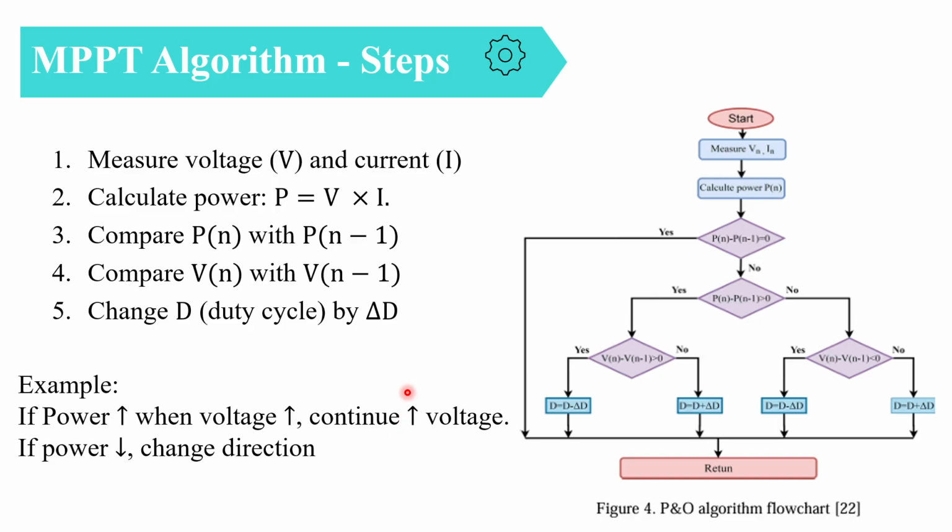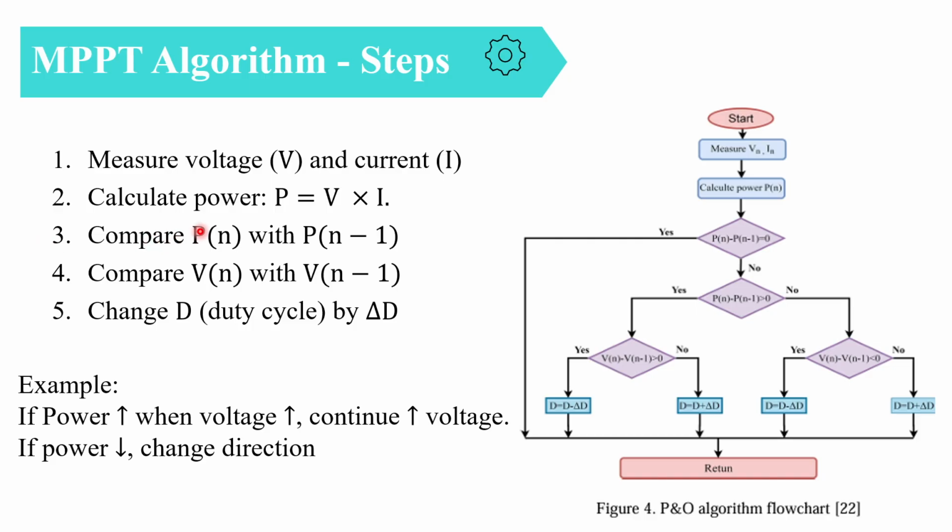Now we get to the steps of the P&O algorithm. Step 1, we measure to get voltage and current. And step 2, we calculate power by the formula P equals V times I. Then we get to steps 3 and 4.